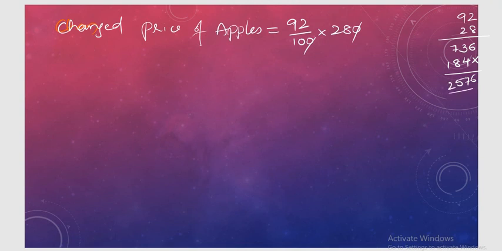So 2576. 2576 divided by 10 is there, no? So the cost of the apples is nothing but 257.60 rupees. It has been reduced by 8%, no? So clearly the changed price of apples is 257 rupees 60 paisa.